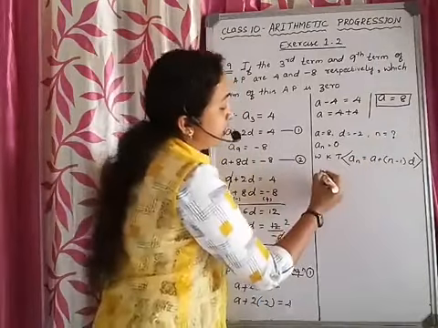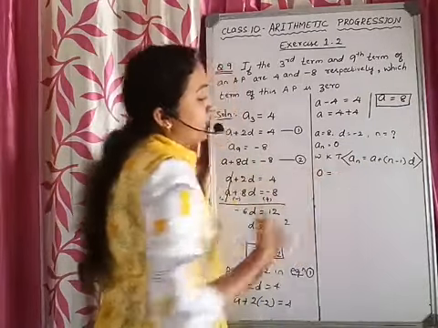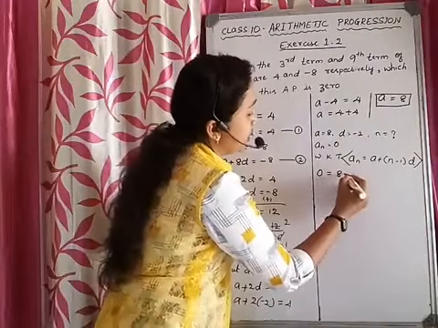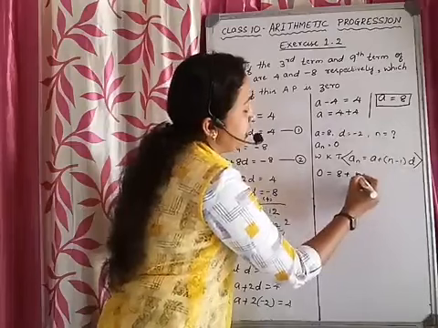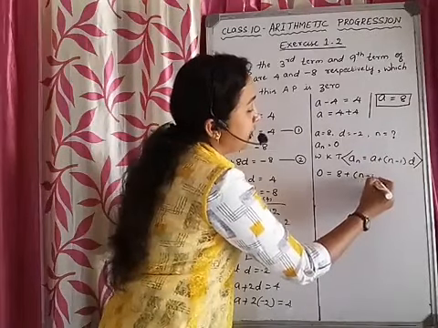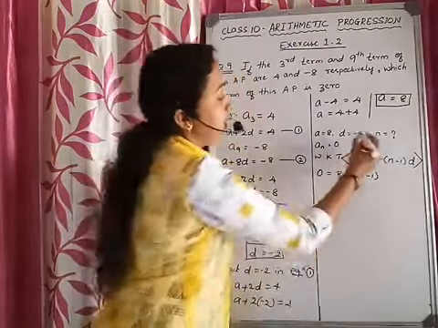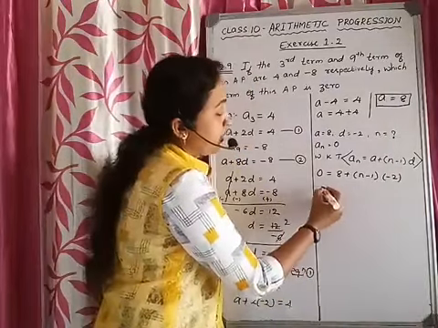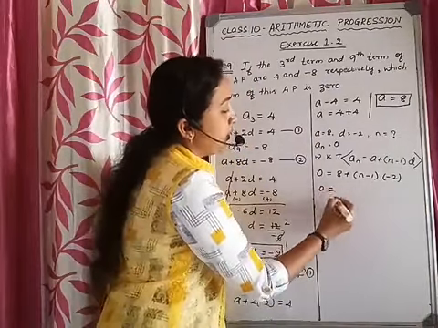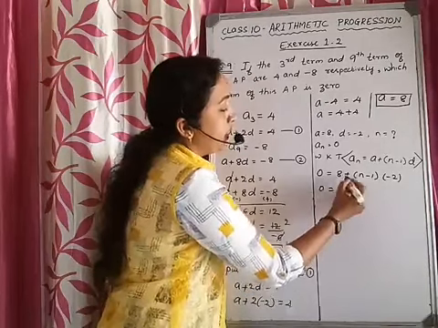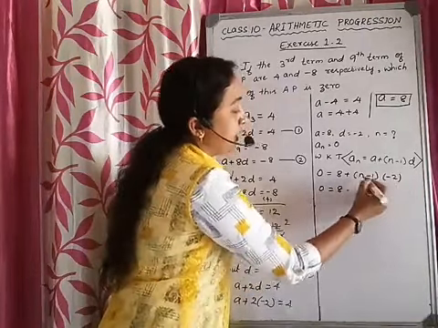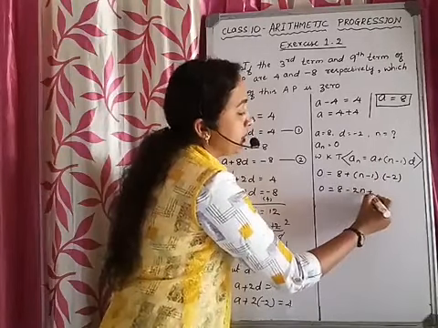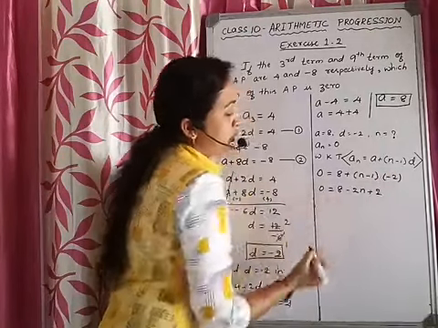So substitute the given. So an is equal to 0, a is equal to 8, n is unknown, keep it as it is, d is equal to minus 2. So now simplify. 0 is equal to 8 plus minus 2 into n, minus 2n, minus into minus is plus, 2 ones are 2.